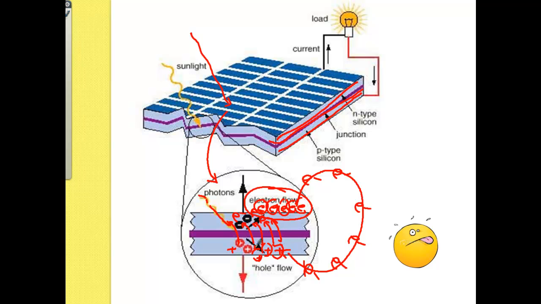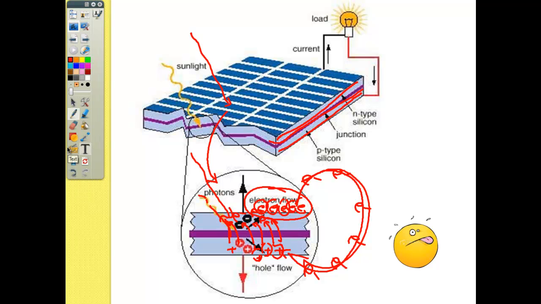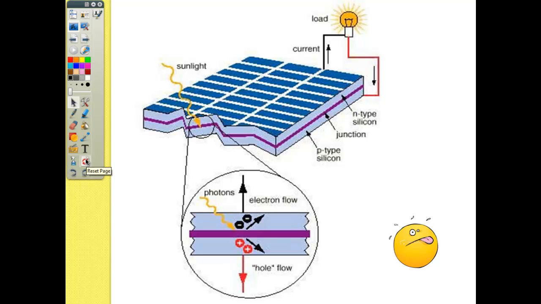Now you've got it neutralized, but then this process continues. As more sunlight hits it, more electrons jump. Therefore, more electrons come up from the lower level, which means there's now more of a net positive charge. So more electrons continue to flow, and you keep this process going as long as there's sunlight. So hopefully that gives you a basic idea in that mess that I drew.